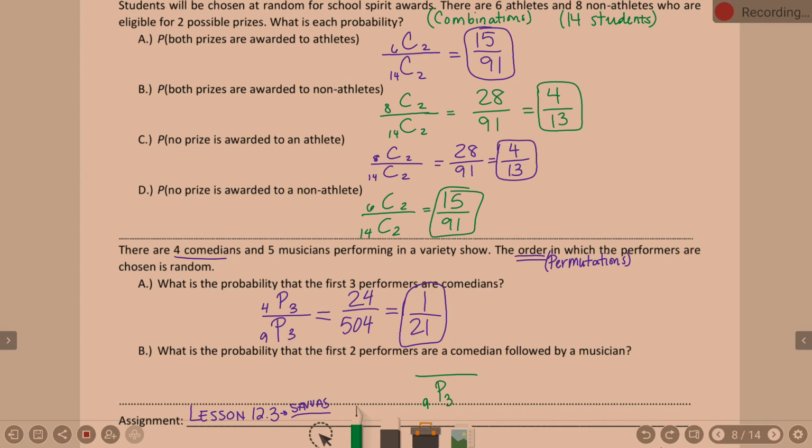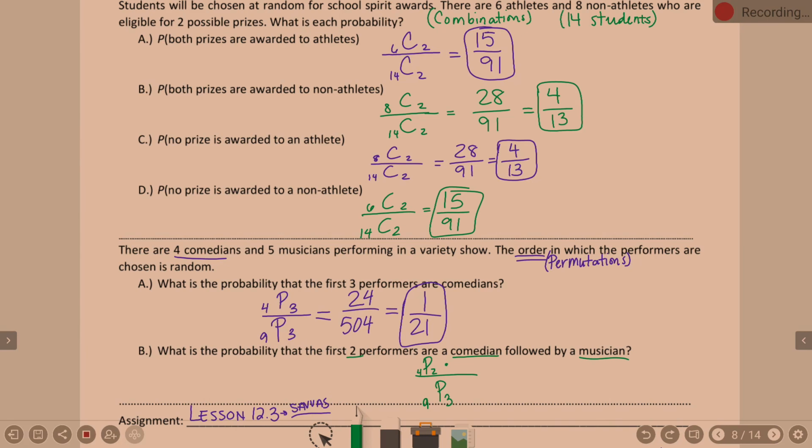Okay, now, think in pieces. First of all, probability that first 2 performers are comedians. So what's the amount going to be for those 2 places? You're picking from 4 comedians to fill how many spots? 2. So you're going to do 4P2, and then we're going to multiply times, followed by a musician.